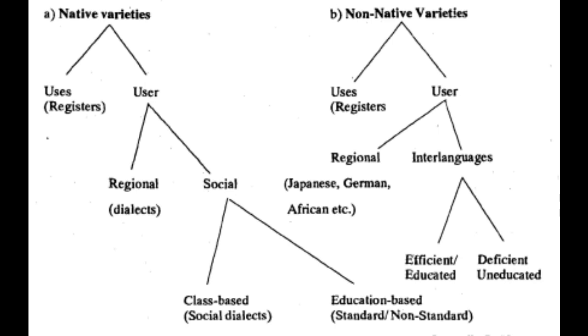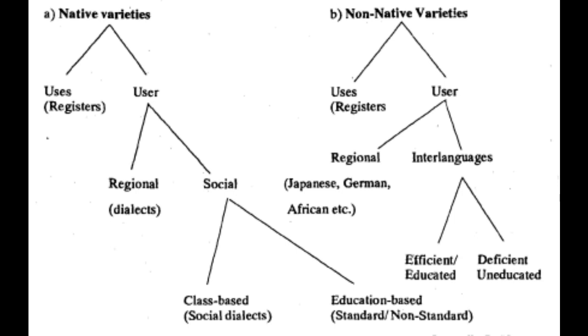We can designate these two kinds of non-native varieties as efficient, deficient, or as educated, uneducated. It is obvious that the efficient or educated, non-native varieties would include different registers too. Notice that all that we have said about an Indian learning English is equally true of an Englishman trying to learn, say, Hindi.